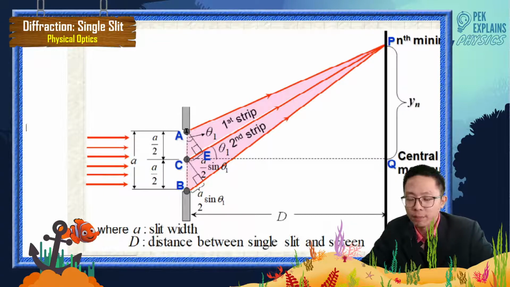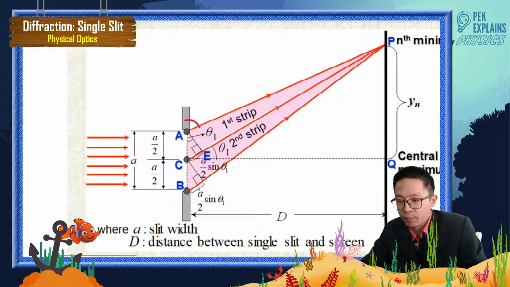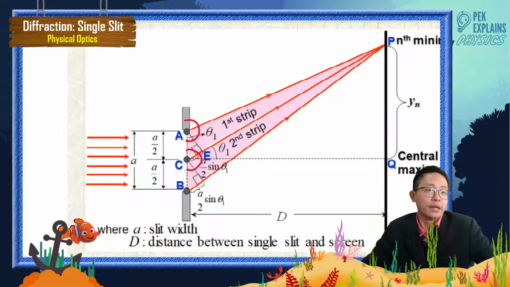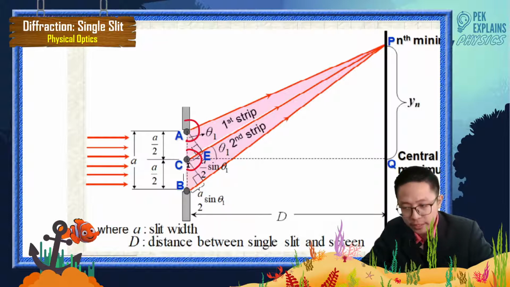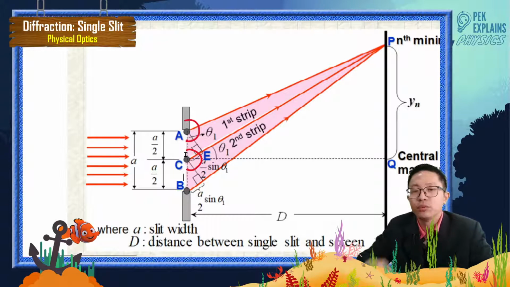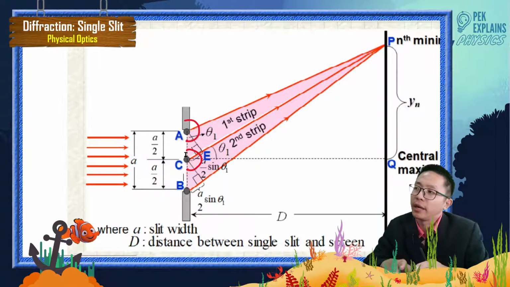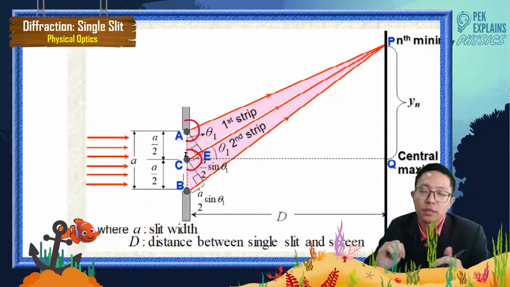The particle at point A will produce its own wave, and particle C will also produce its own wave. Understand or not? And then how do A and C overlap each other? How do they interfere with each other, and do they produce constructive or destructive interference?